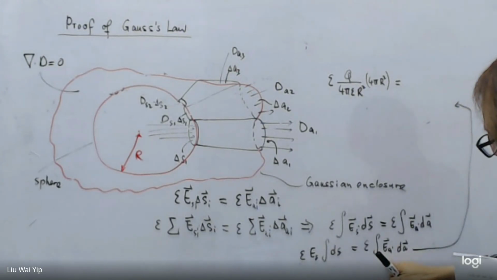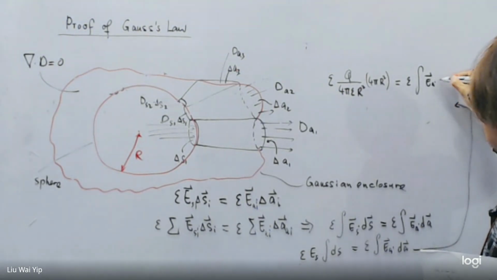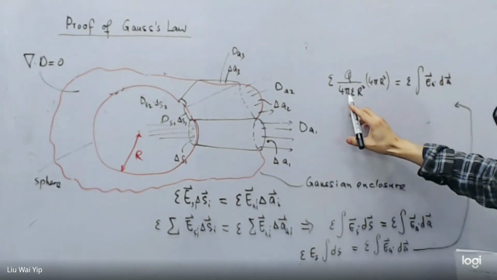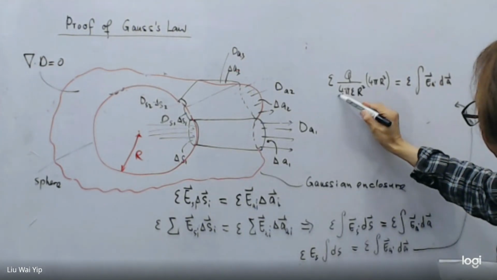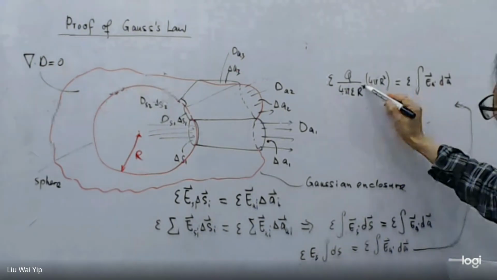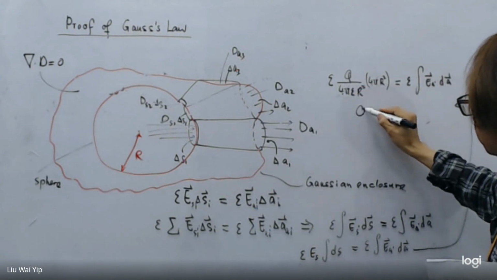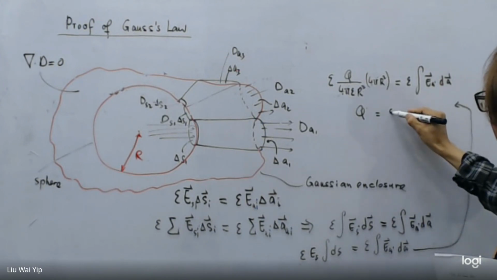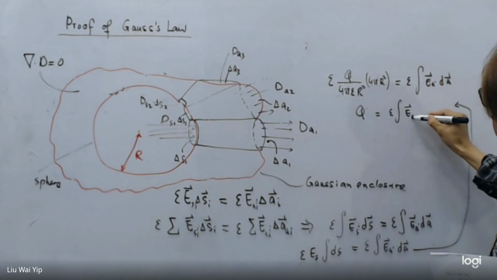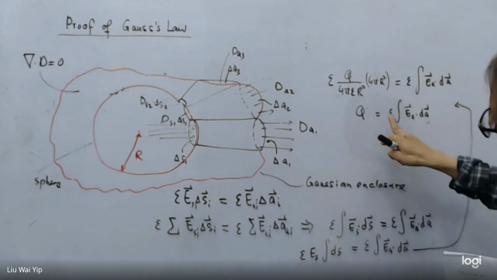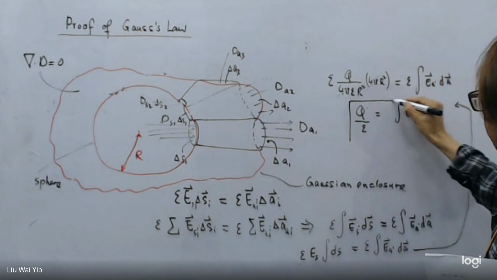So the right side of the equation will remain the same. If you simplify the left side, 4 pi gets cancelled out, r squared gets cancelled out, so you get Q. And the right side is A. So obviously, we have proven Gauss's law.